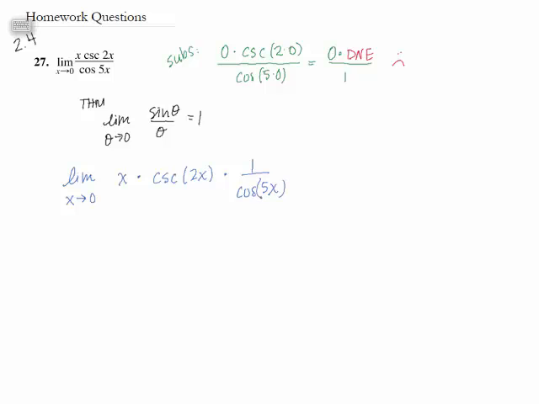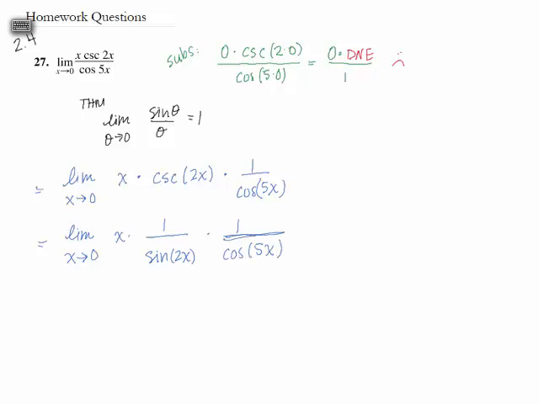Those are the three elements, the three parts of the function that we're trying to take the limit of. Cosecant is 1 over sine, so that's where the sine shows up that we'll try to eliminate. X goes to 0, x times 1 over the sine of 2x times 1 over the cosine of 5x.